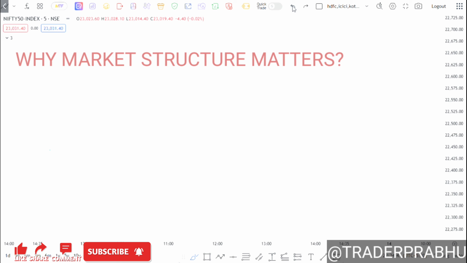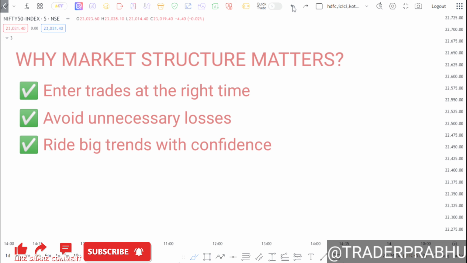If you sell in an uptrend, you might miss big profits. But if you follow the structure, you can enter trades at the right time, avoid unnecessary losses, and ride big trends with confidence.